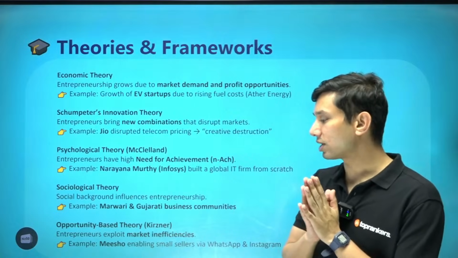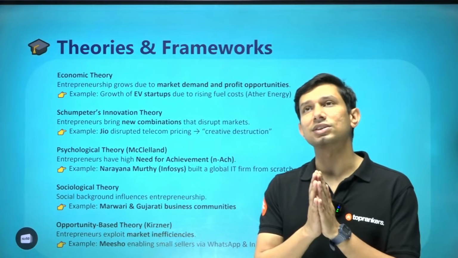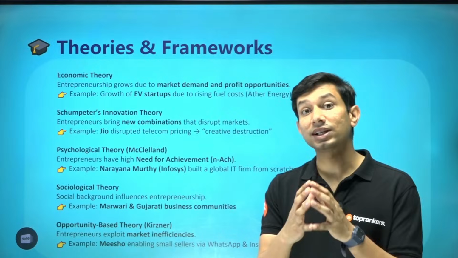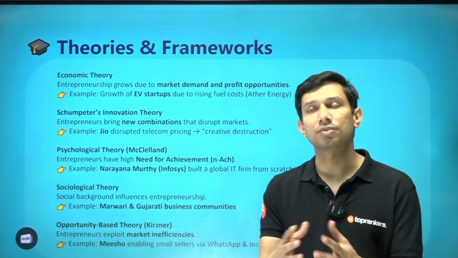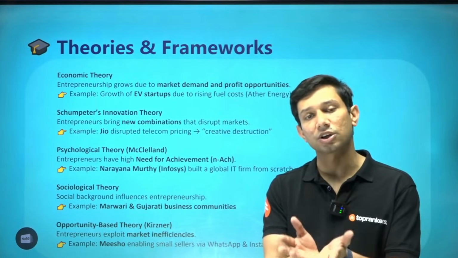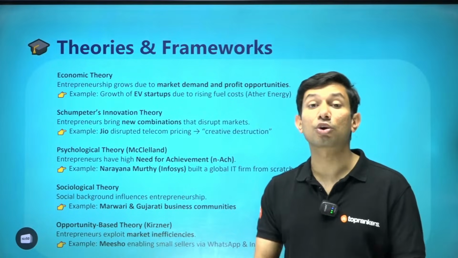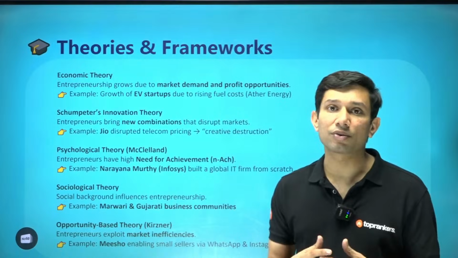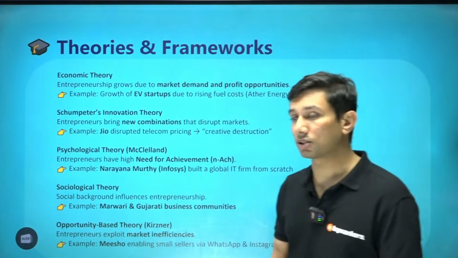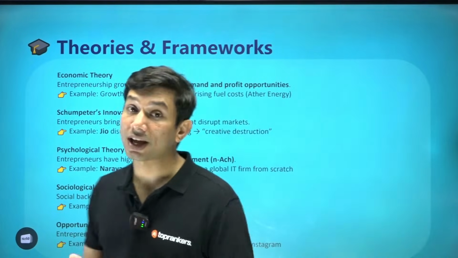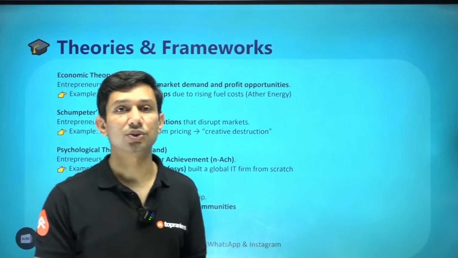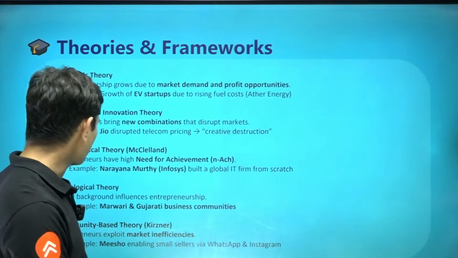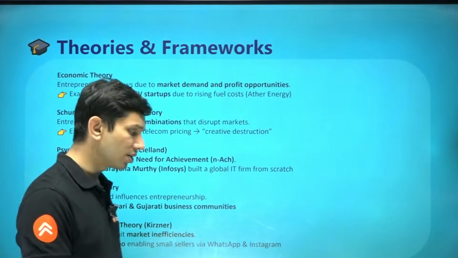We need to understand that market inefficiencies came in because the ticket size in certain businesses or products is so small that you cannot afford to have these things delivered. However, if you can leverage alternative means, say WhatsApp or Instagram, to do all these things for you, then you have a great market built for yourself, and hence opportunity-based theory.